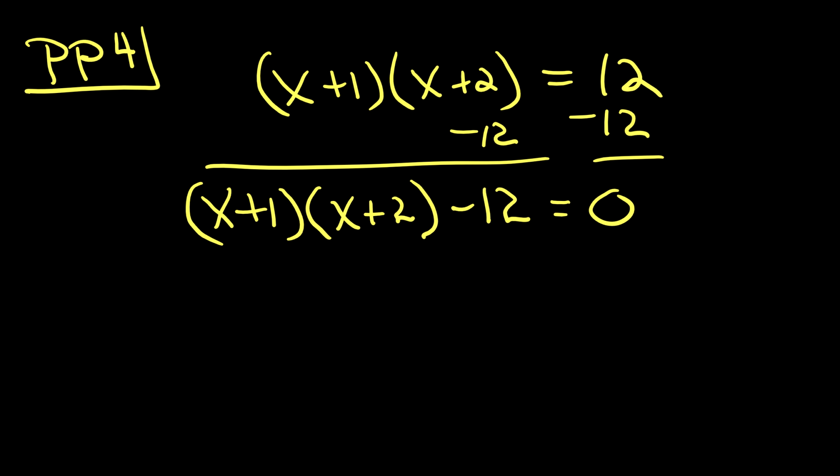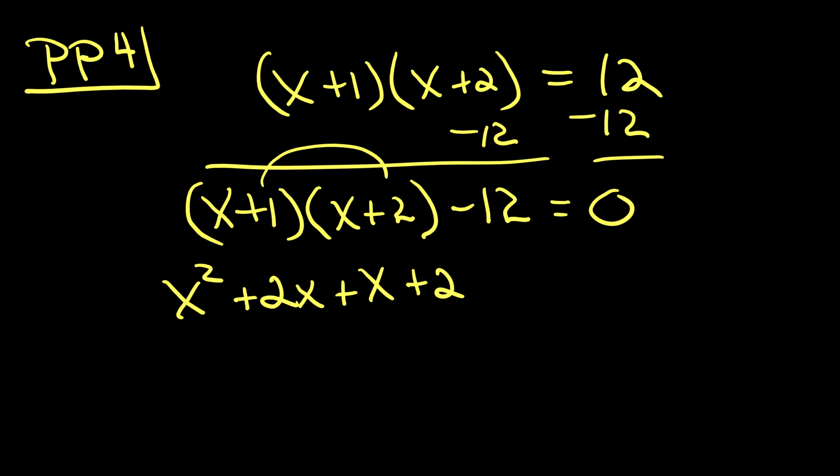All right, when we do that, I'm going to have x squared plus outside is 2x plus inside is 1x, and last is 1 times 2, which would give me 2, and then minus 12 equals 0.